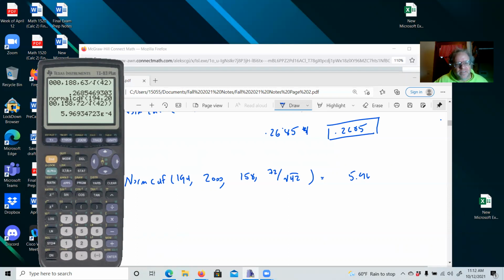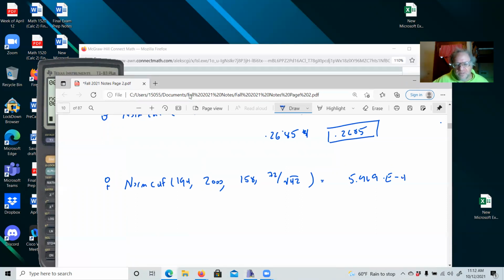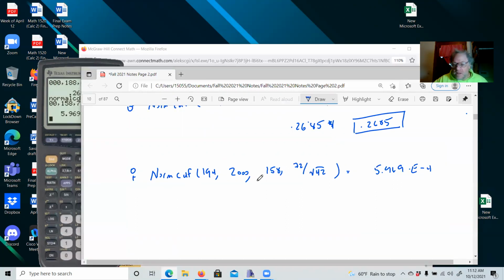Okay, 5.969. And then you have this E-4 here. A lot of students do not know what this means, and I don't blame them. What this means is we're going to move the decimal place 4 units to the left because it's negative. So this is 5.969. We have to move the decimal 4 places.